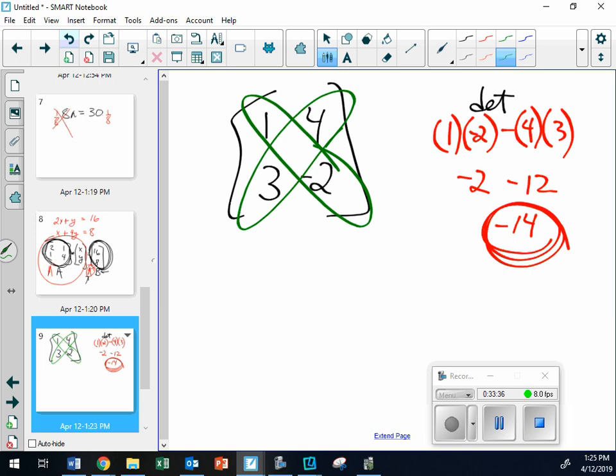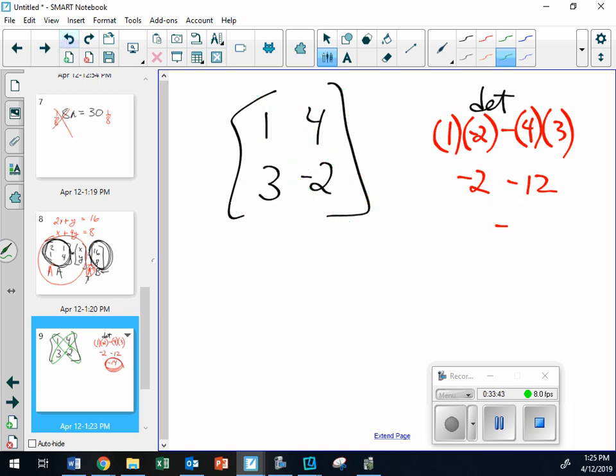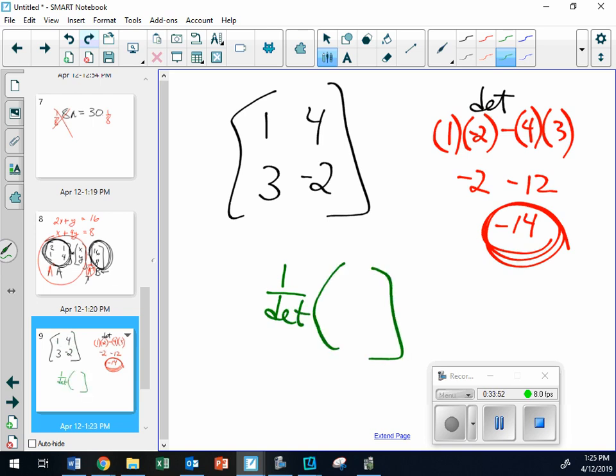Okay, why do I need this determinant thing? Because here's what you do to find an inverse. You're going to first find its determinant. And then you go 1 over the determinant times the matrix, except I have to take this matrix, and instead of doing 1, 4, 3, and negative 2, I switch these 2 places, and I change these 2 to the opposite sign of what they are.